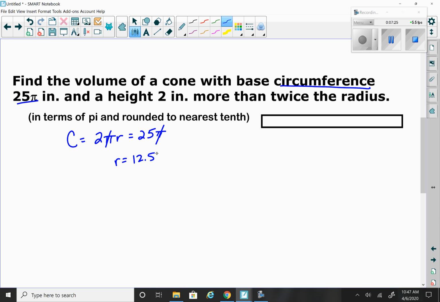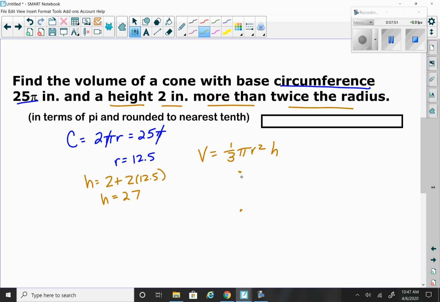Now it says up here that the height is 2 inches more than twice the radius. So that's going to give you a height of 27. Now we have our height and our radius, and we can figure out the volume of this cone. Again, the volume of a cone is 1/3 times pi r squared times h.